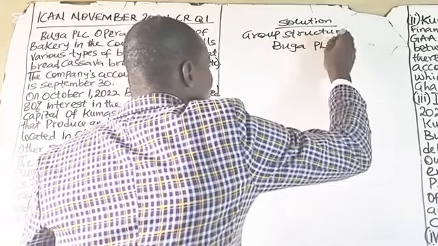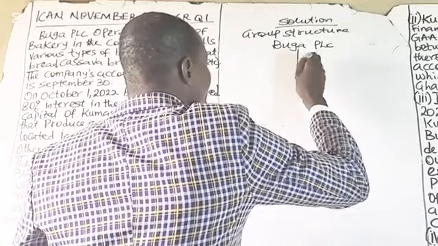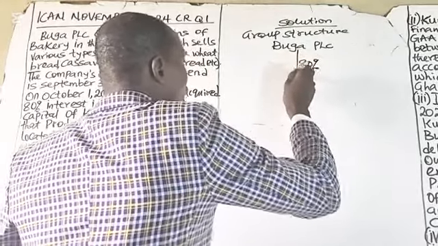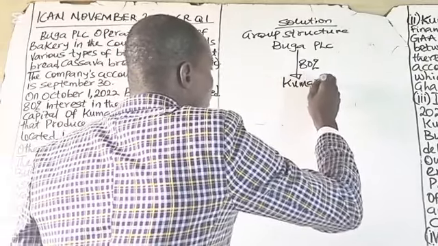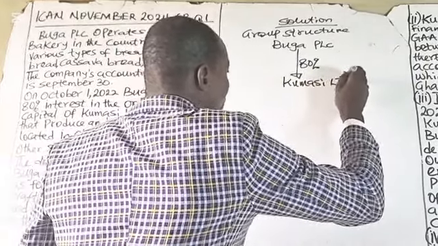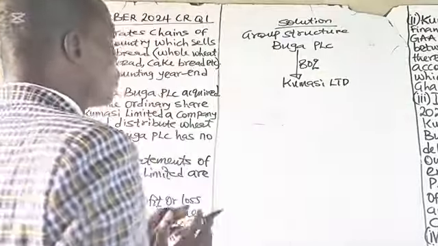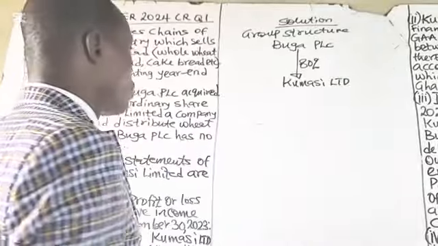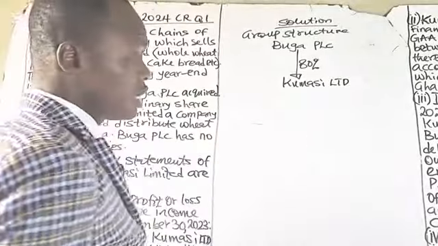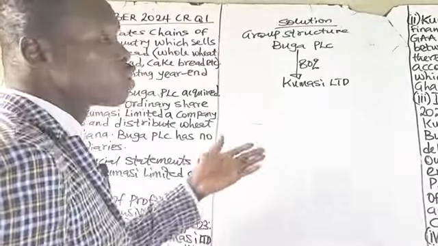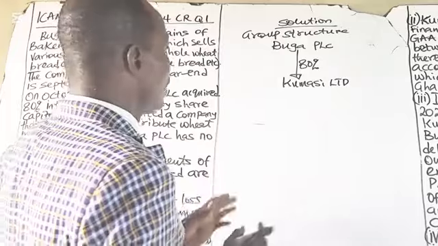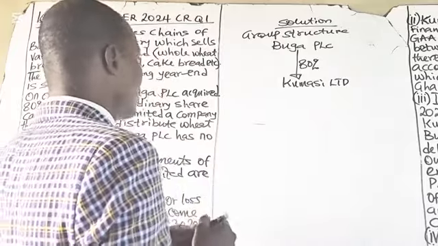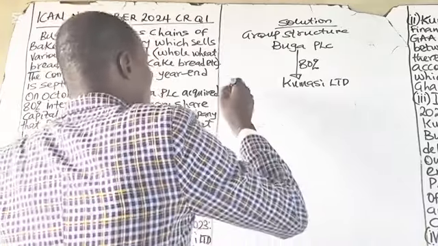So this is a simple group structure involving one parent and one subsidiary company.